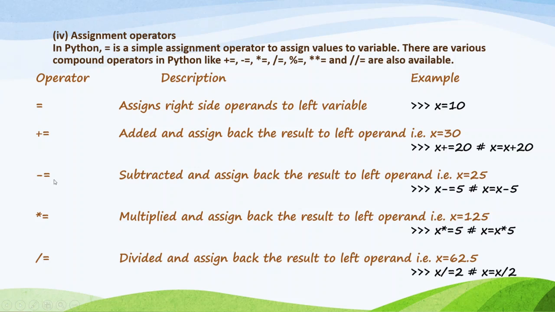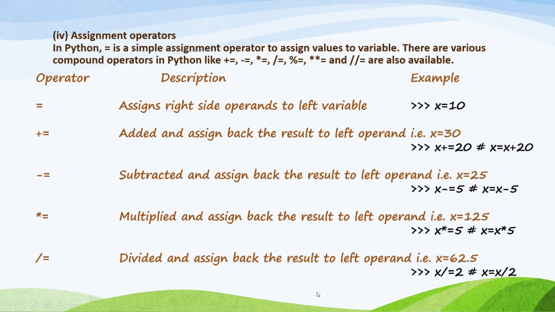Minus equal to subtracts and assigns back the result to the left operand, that is x equal to 25, x minus 5. So that is x equal to 25 minus 5. So the value will be 20, which is stored in x.